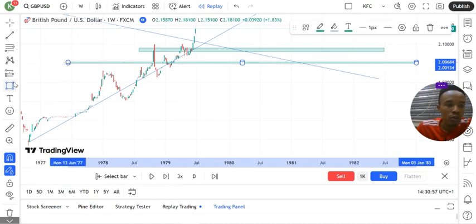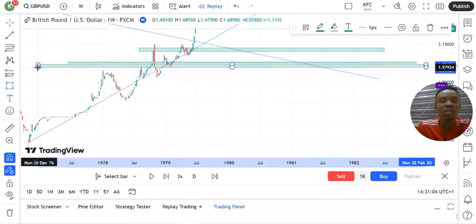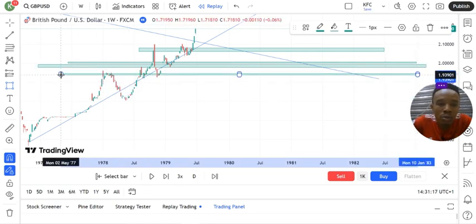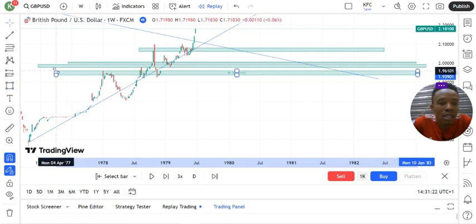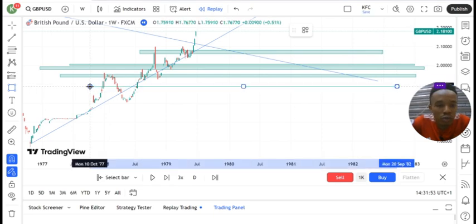Then, having done that, the next thing you're going to do is play the replay. You will find the charts playing as though it's in real-time trade, and that way you can see how the candles behave, their character, their behavioral pattern. It's nice to do that at the close of every week before the new week, especially if you're trading forex mostly.